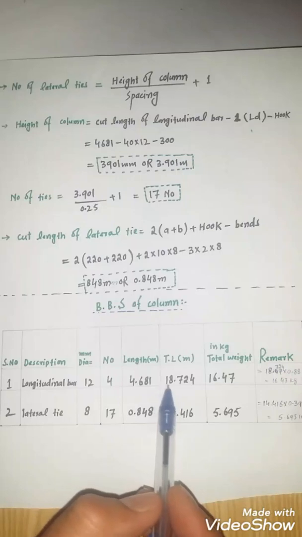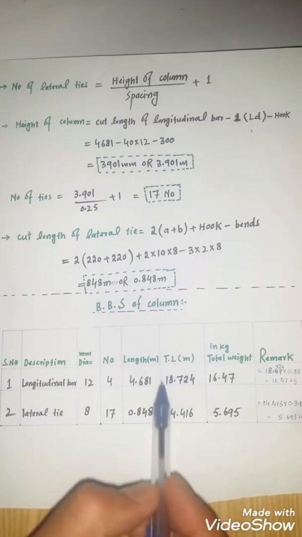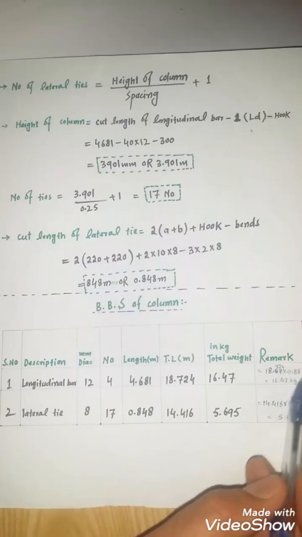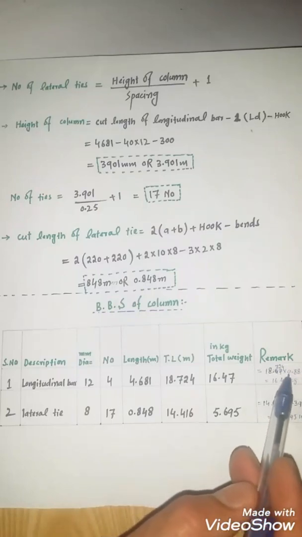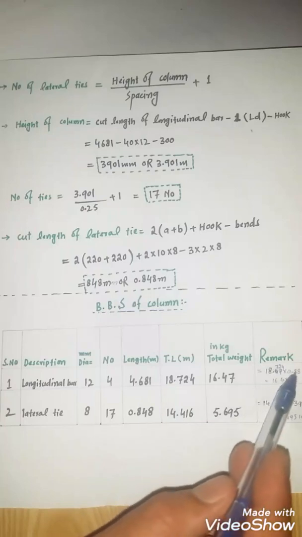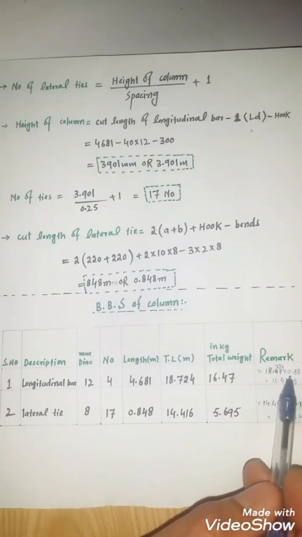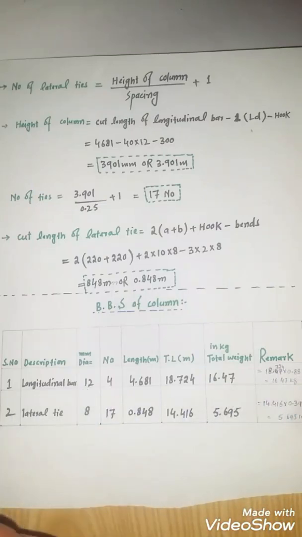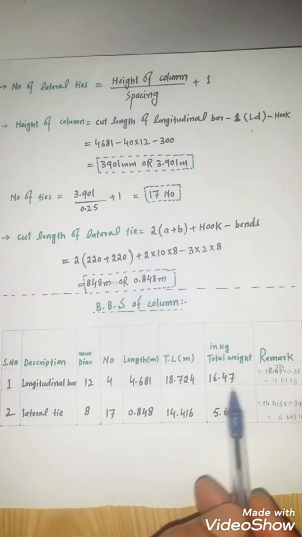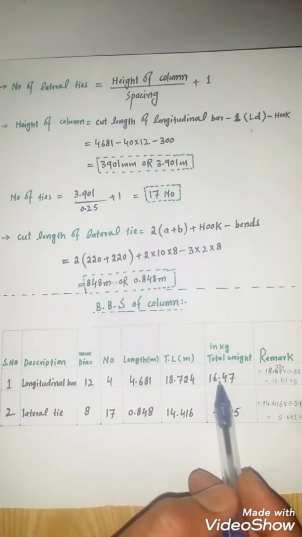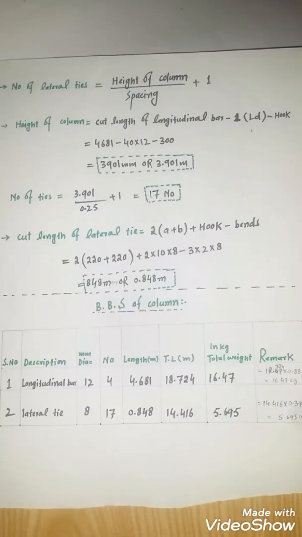You just need to multiply this total length with 0.88. What is 0.88? This is the weight of bar in kg per meter if the diameter of bar is 12 millimeter. This is the weight in kg, 16.47.